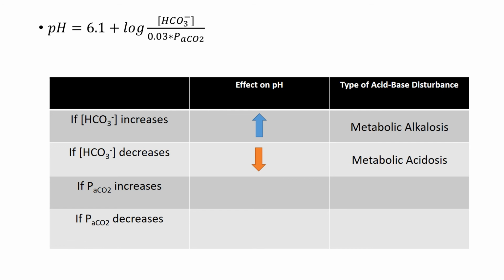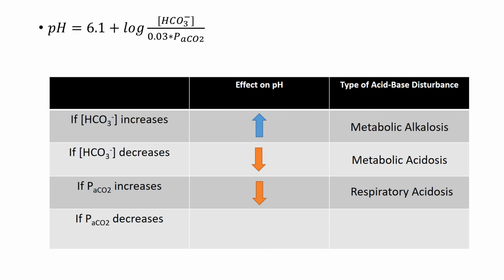We can do the exact same thing for the partial pressure of CO2. If that increases, then the denominator has increased, the fraction has decreased, the log is decreased, and the pH is decreased. Thus, we have an acidotic process. And the way you control your CO2 is through respiration. So this becomes a respiratory acidosis.